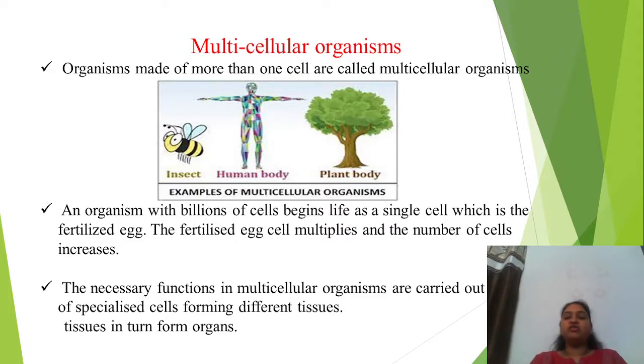The necessary functions in a multicellular organism are carried out by groups of cells. Groups of specialized cells form tissue, and these tissues in turn form organs.